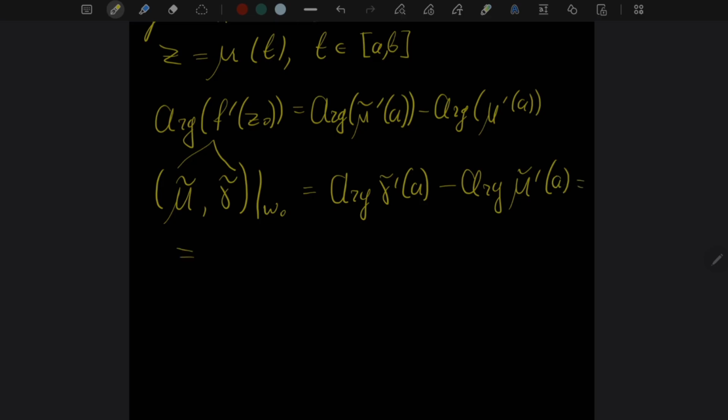And if we substitute the values of arguments of our mapped curves, the curves that the initial ones are mapped onto, then the argument of f prime at the point z0 cancels out, and we indeed get the same thing, but without the mapped lines.